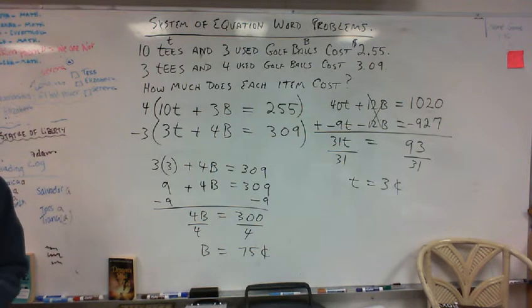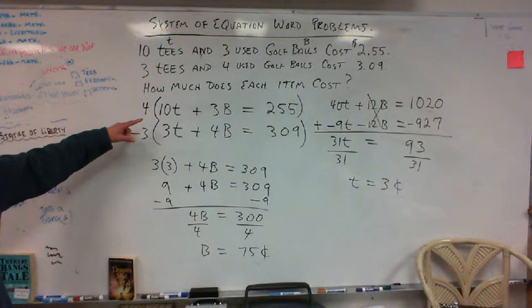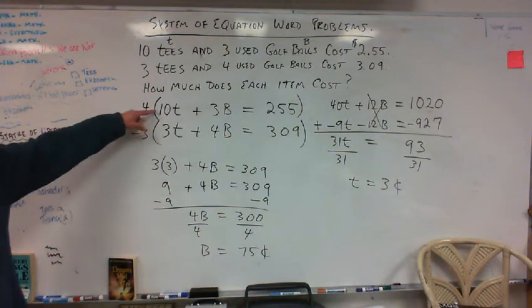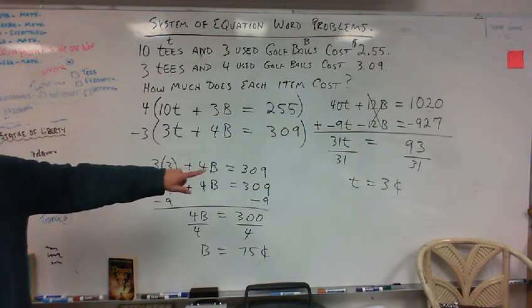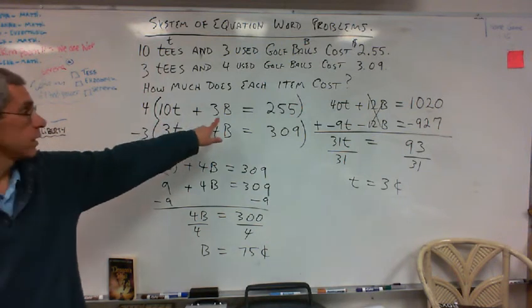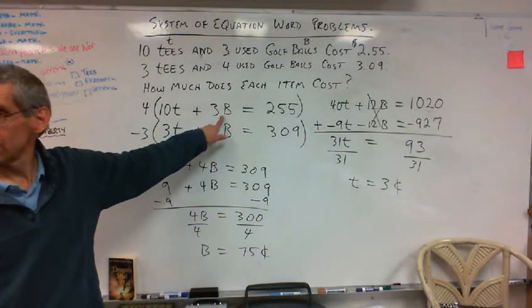Wait, wouldn't you have to do it for the top one then, because there's a different value? Well, actually, no. If you plugged it into this one, you get the same thing. 10 times 3 is 30. 3 times 75 is what?